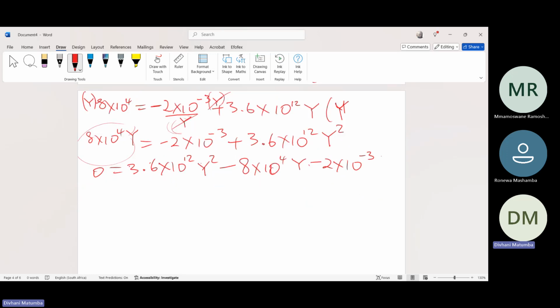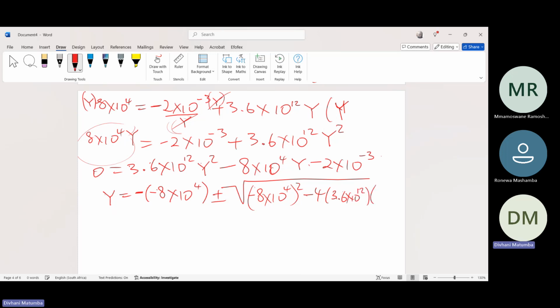So if I'm using the quadratic equation, I will have y equals minus b, and minus b will be minus 8 times 10 to the power of 4, plus or minus the square root of b squared, which is minus 8 times 10 to the power of 4 squared, minus 4 times a, which will be 3.6 times 10 to the power of 12, and the value of c will be minus 2 times 10 to the power of minus 3.